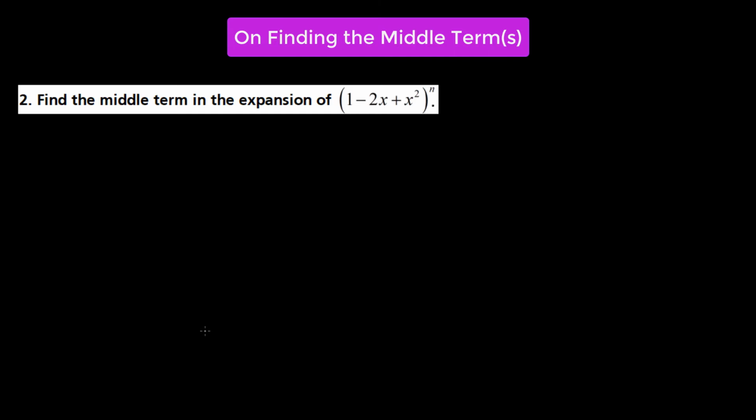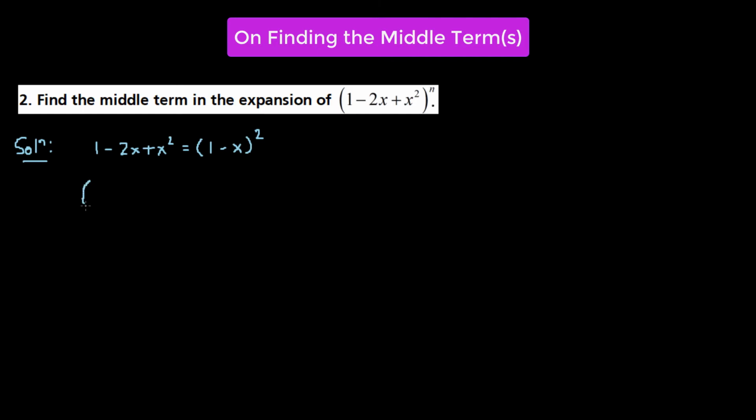Now in this question we have to find the middle term. The given binomial expression is (1 minus 2x plus x squared) raised to the power of n. Here we can't say if n is even or odd, but there's a smarter way to do this. We know that 1 minus 2x plus x squared is actually an identity, which equals (1 minus x) whole squared.